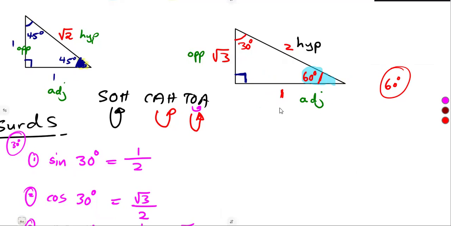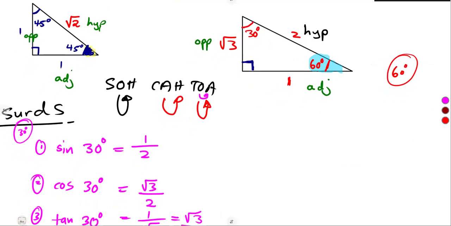That's it. So let's have our ratios just like the previous case. So it follows that in this case, the sine, but referring to 60 degrees this time. The sine of 60 degrees, opposite over hypotenuse.